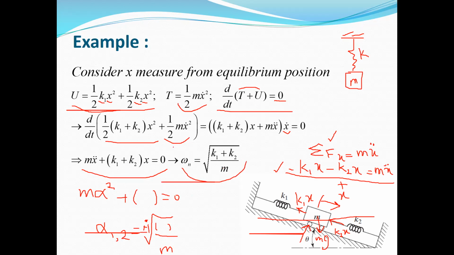Also, you can use Rayleigh's method. If you want to use Rayleigh's method to extract the equation of motion, when you calculate U and T, you can assume that x is equal to, for example, uppercase X times sine omega n t or cosine omega n t, and substitute here, and you can easily extract that omega n again is equal to this term.